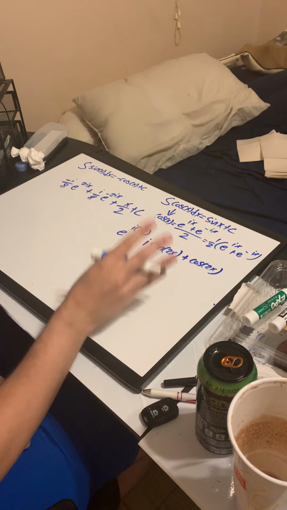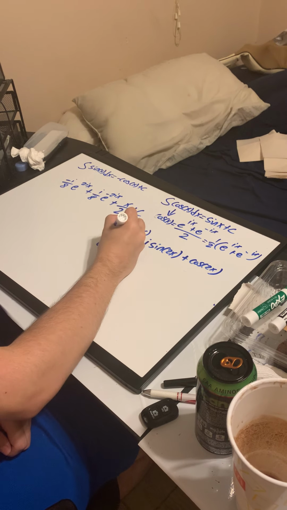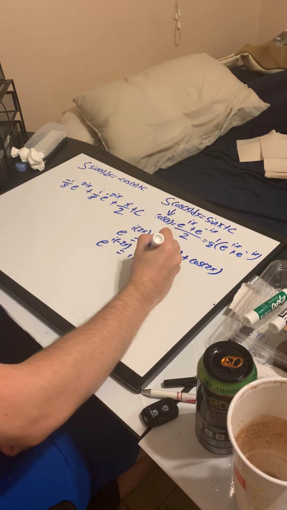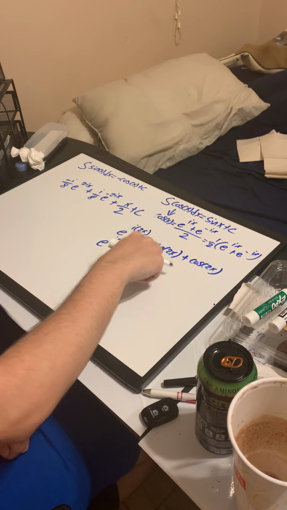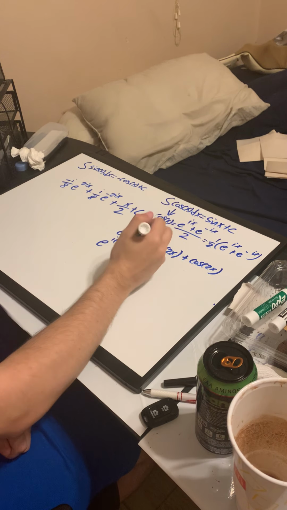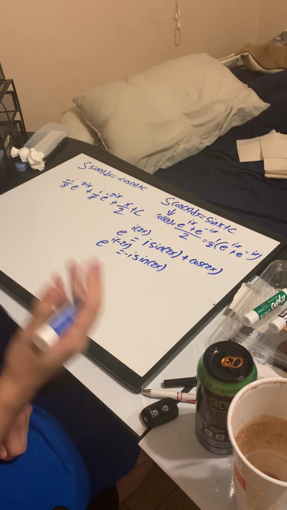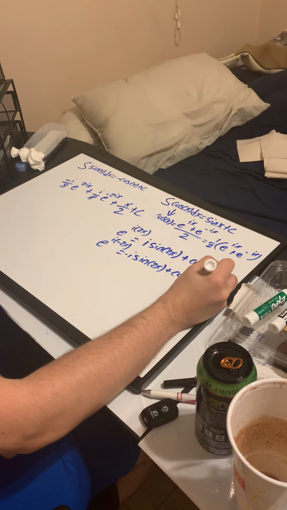Then I'll do this one too. e to the negative 2ix is equal to i sine. And remember, from the first video, sine is odd, so this negative becomes negative over here. And because cosine is even, the negative just goes away.